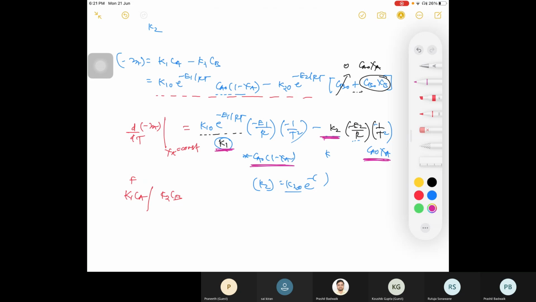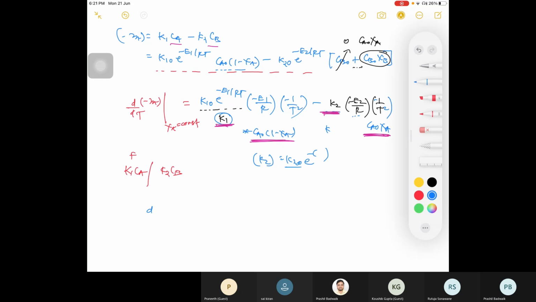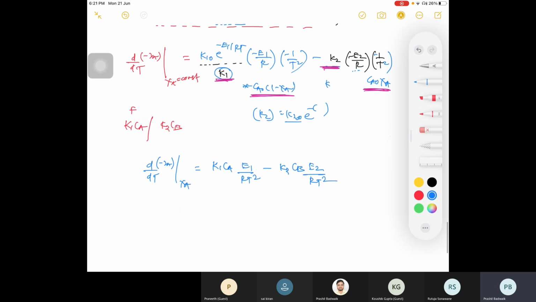Initially it was like that only. So if you write, you will get an equation like d by dt of minus Ra at constant conversion equals K1 Ca E1 divided by RT square minus K2 Cb E2 divided by RT square, right? This equation you will get.